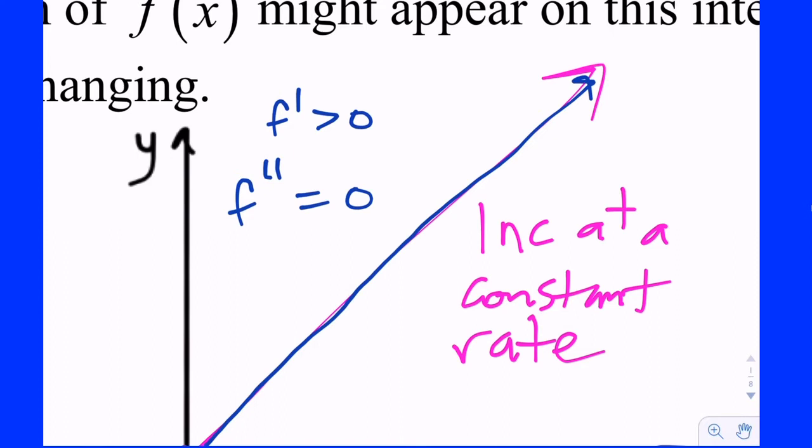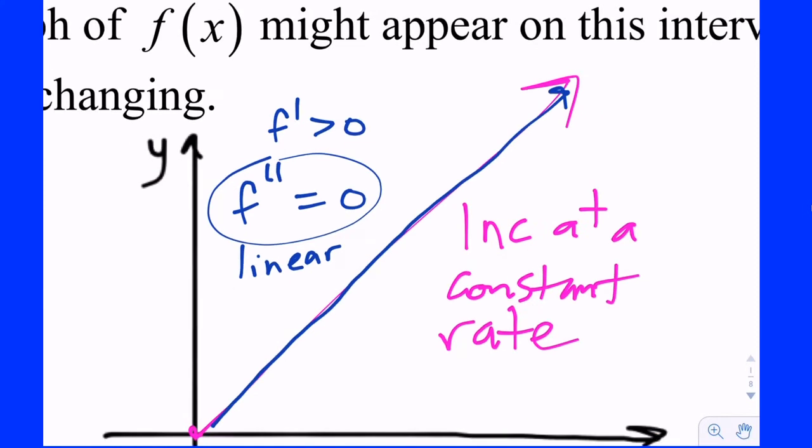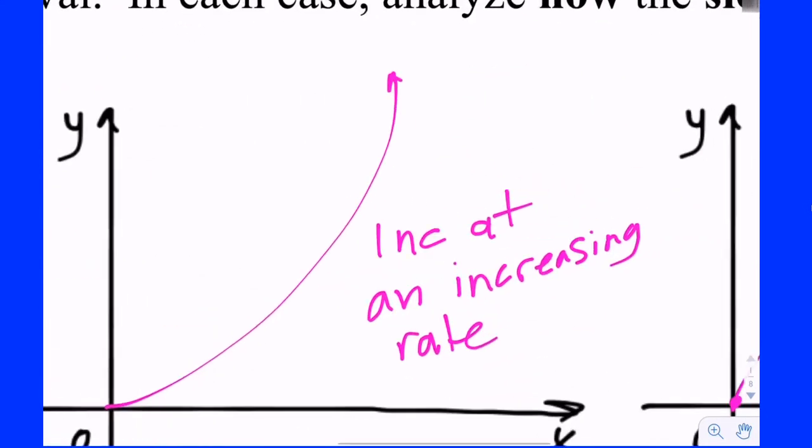The slopes are positive, but the slopes aren't changing, so the rate of change of the slopes is 0. So the second derivative everywhere should be 0. If you ever see a second derivative equaling 0 over an interval, that function is going to be linear. That means the slopes aren't changing.